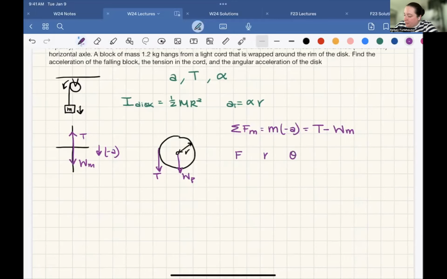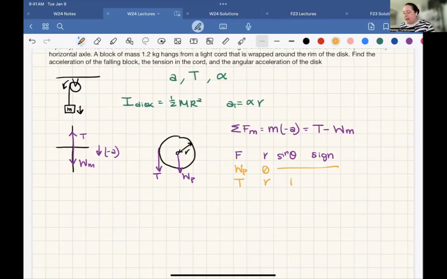So the first force we'll say is the weight, and that's at the pivot point, so it doesn't affect anything. And then we have the tension, which acts at a distance r, the radius, and that is sine 90, which is 1.